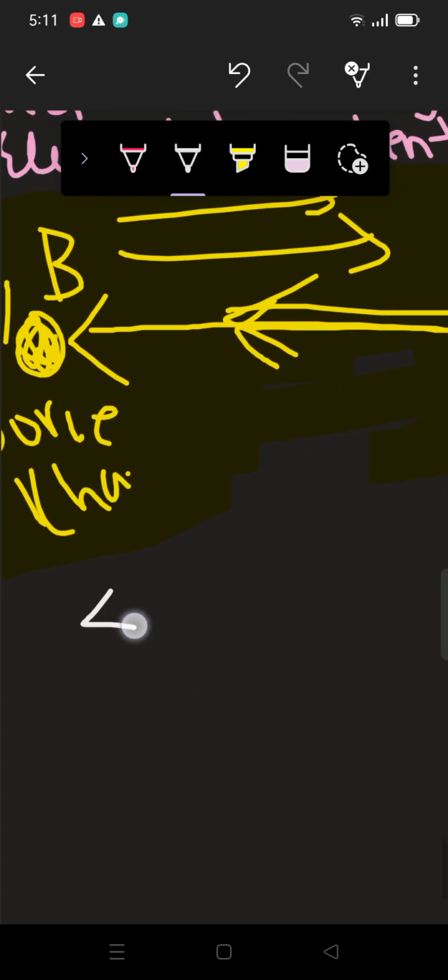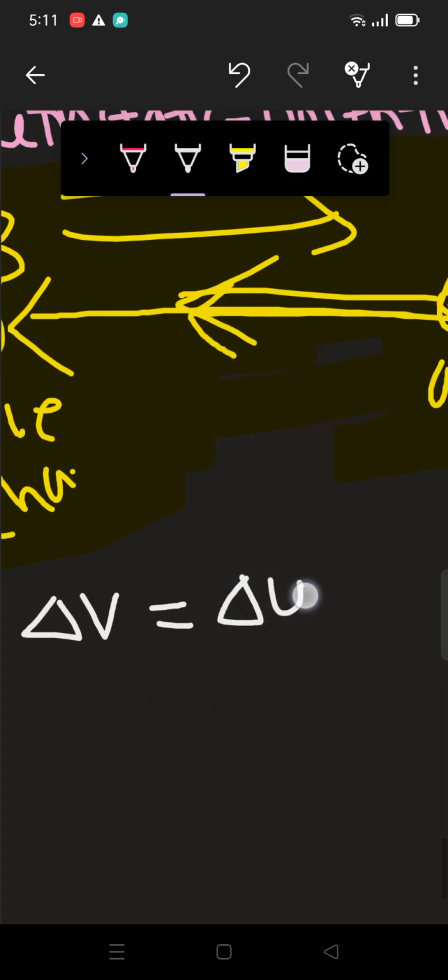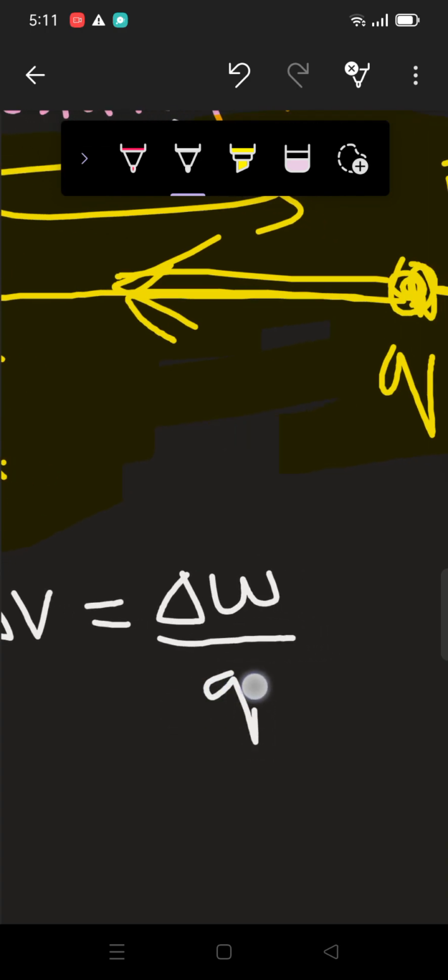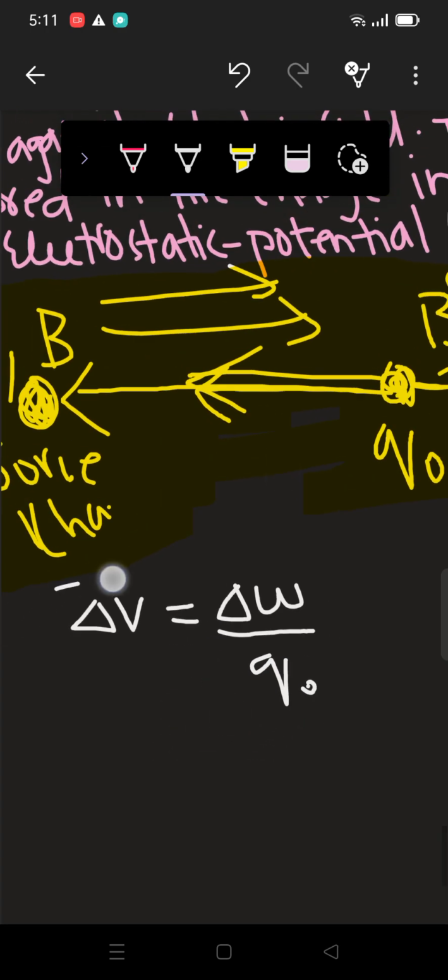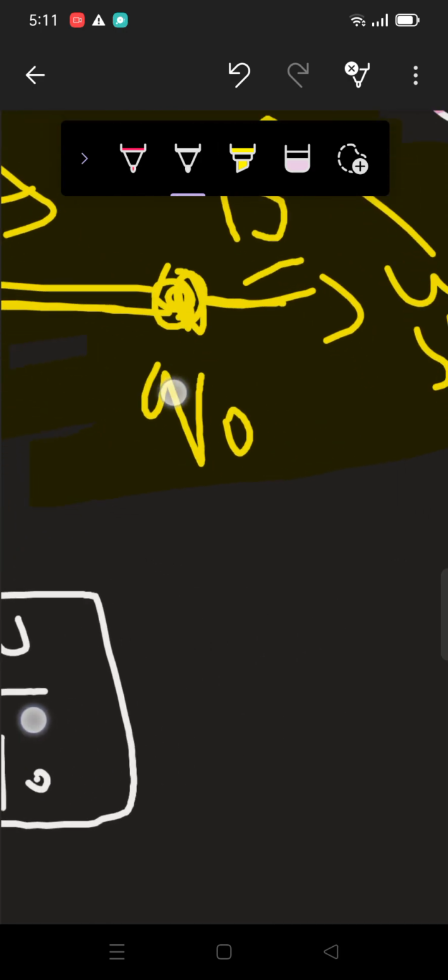Or you can say work done per unit charge against the electric field, as I've already told you. This is work done per unit charge against the electric field.